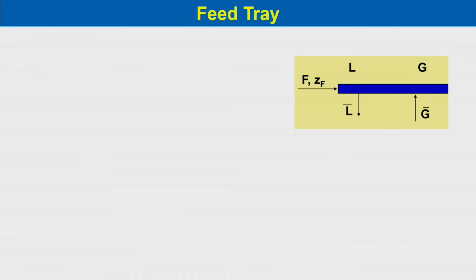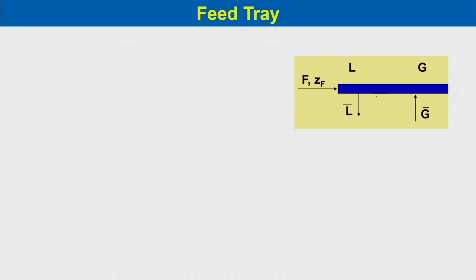Now, let us consider the feed tray. So, this is a feed tray where feed enters with the composition zF and molar flow rate F, having the enthalpy HF.